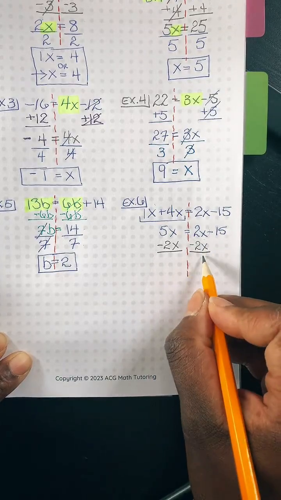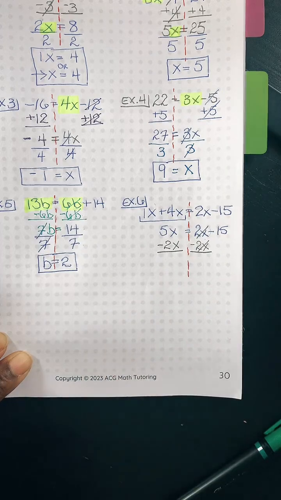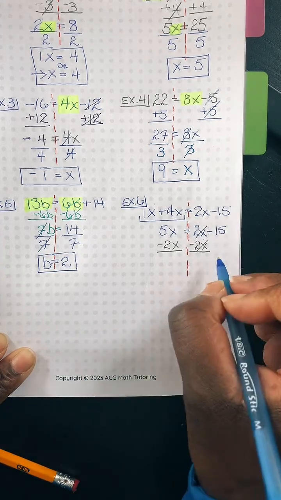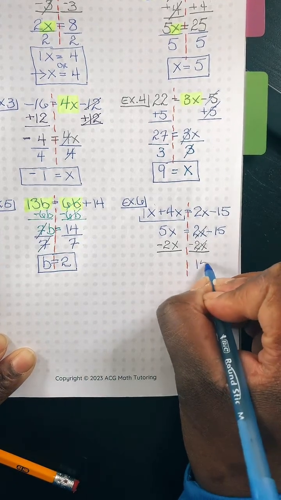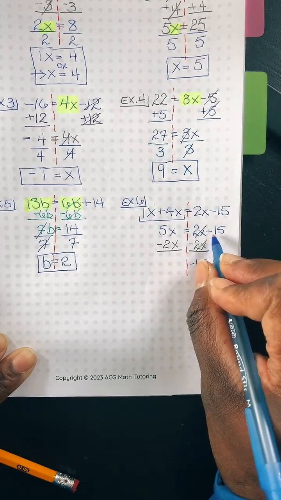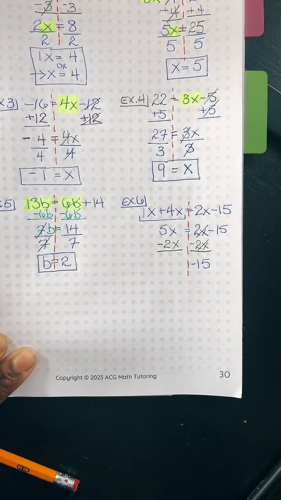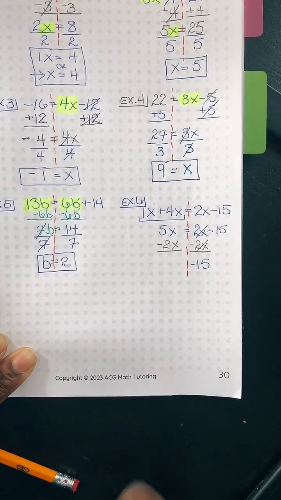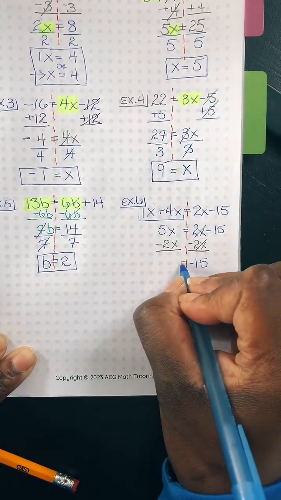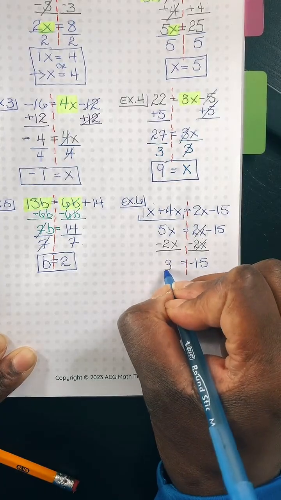So now 2x minus 2x, they cancel out. But we're bringing down not a 15, but a negative 15. The minus sign in front of that 15 comes with the 15. So equals 5x minus 2x, that gives me 3x.